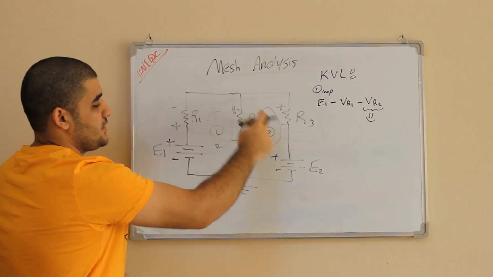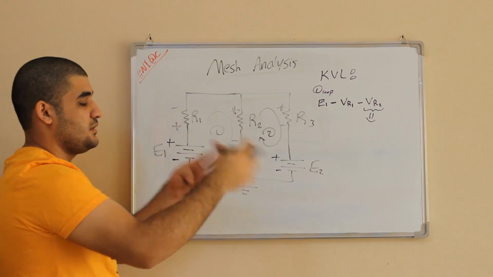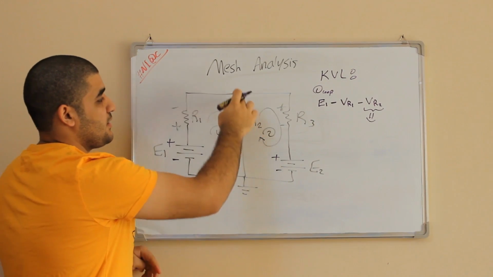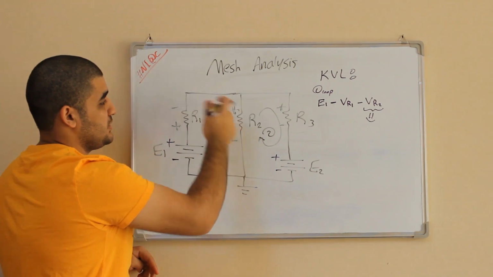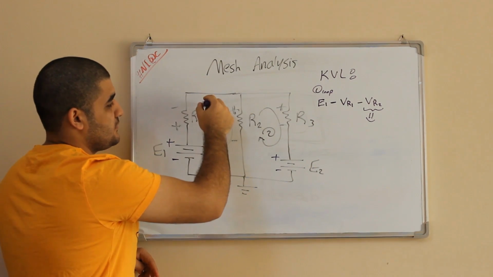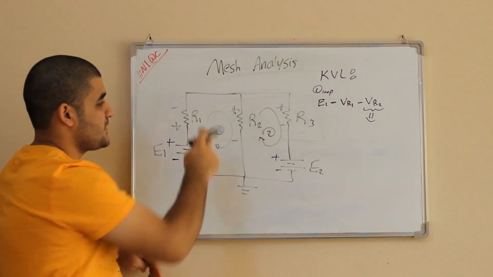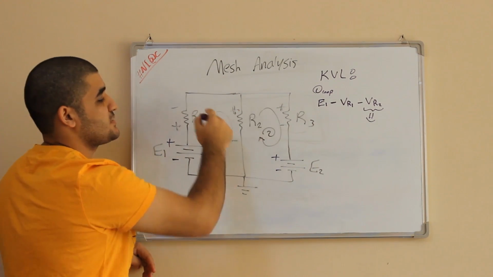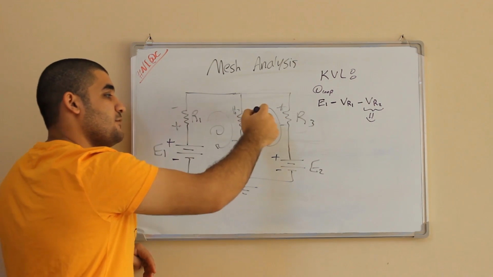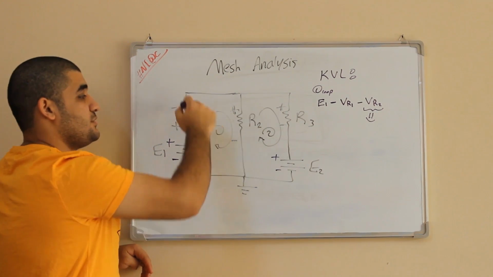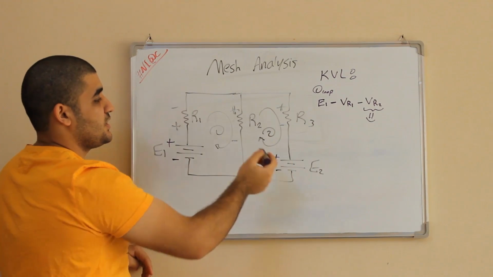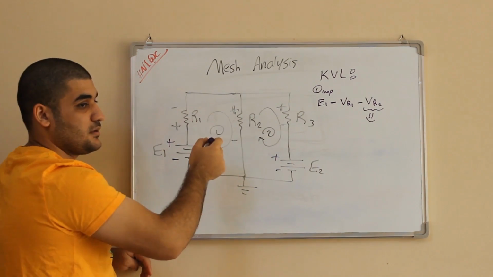Here's the current and here's the current. The current flowing in this branch will be the sum of forces, like Newton forces. So this current minus this current, because this one is greater than this one. If this one is greater in magnitude than this one, then the equation is going to be this one minus this one.